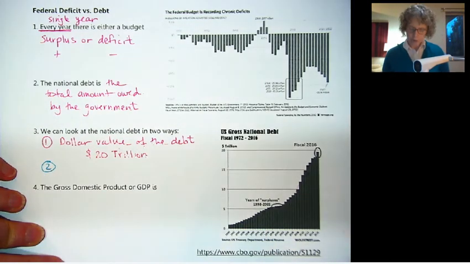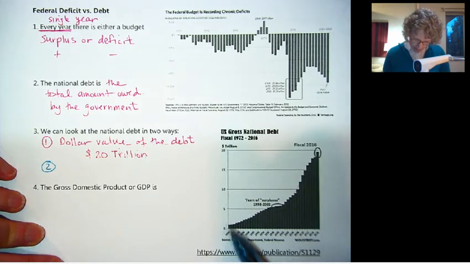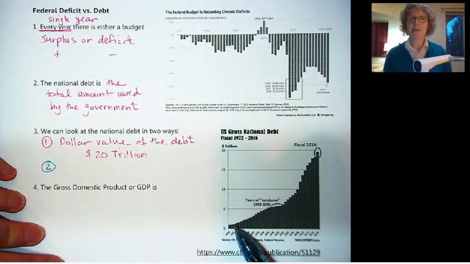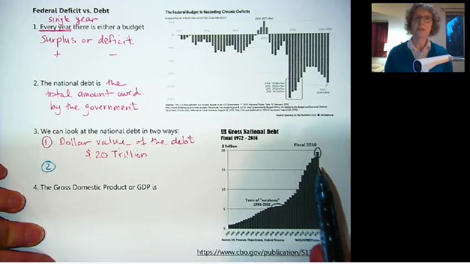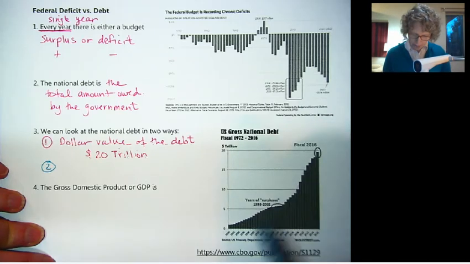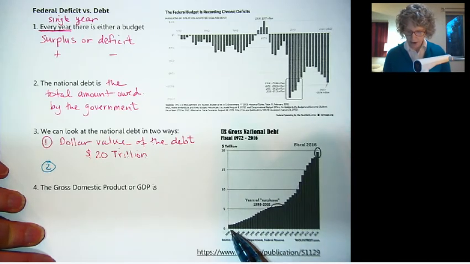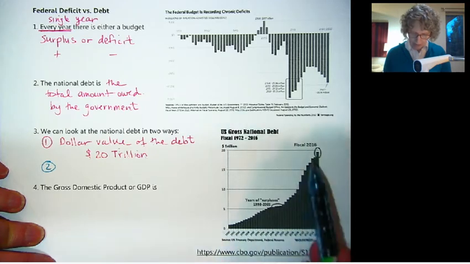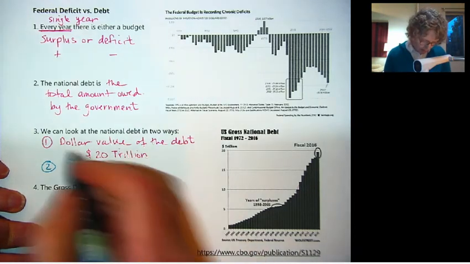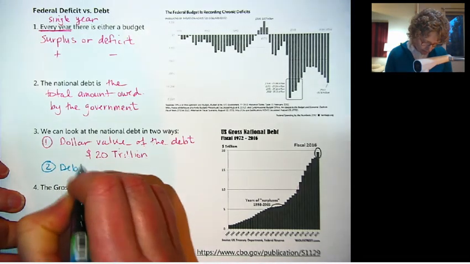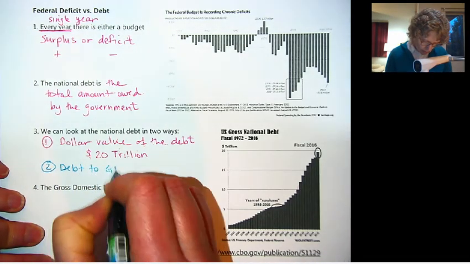The other way is also very important because you might think, well, our country's not quite the same now as it was in 1970 or 72. Our economy has grown a lot. We have a bigger population, bigger economy, and so maybe it's not really fair to compare the national debt in this way, just in the absolute dollar value. So the other way is as a ratio of the economy. So it's called the debt to GDP ratio.